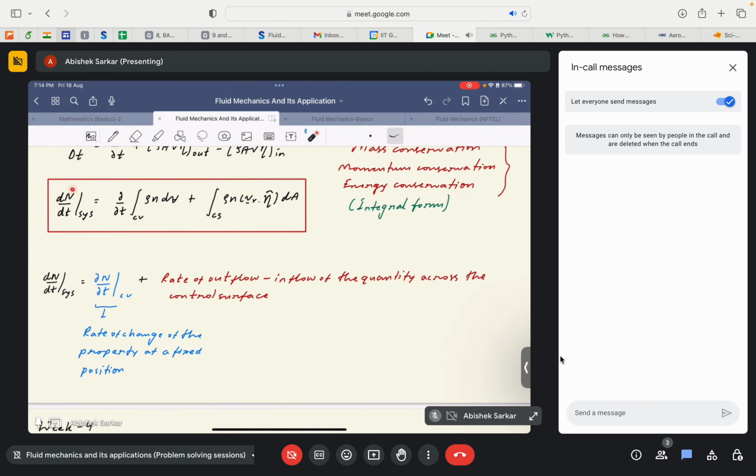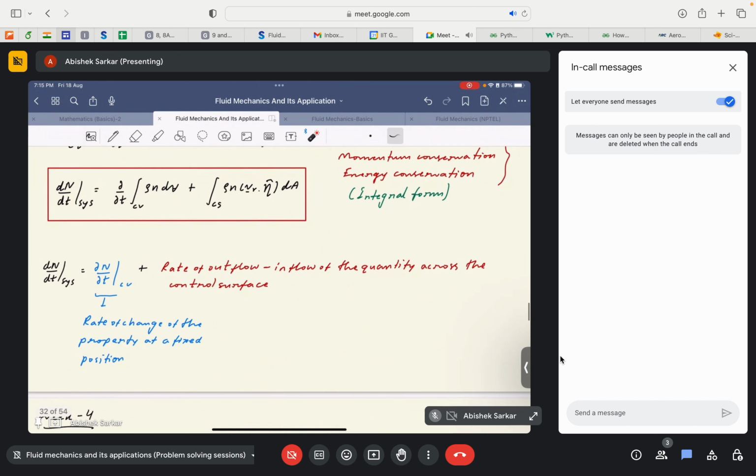If N denotes a flow parameter, then the rate of change of that flow parameter in a control system approach would be equal to the local change of that parameter in the flow domain plus the net outflux of that flow parameter through the control volume that we have chosen.